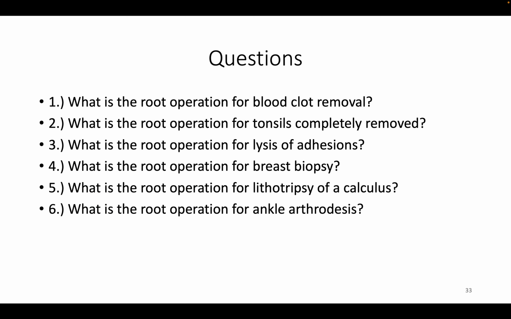And then I have questions for you. What is the root operation of a blood clot removal? You can stop the video now if you want, or pause it and answer these questions and then come back.